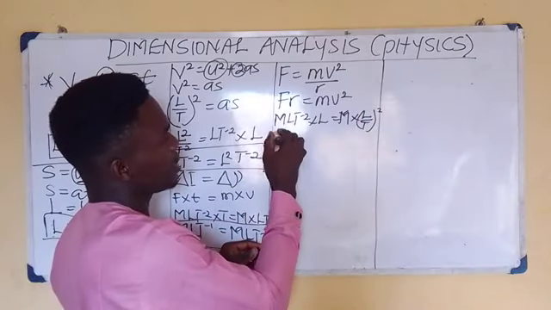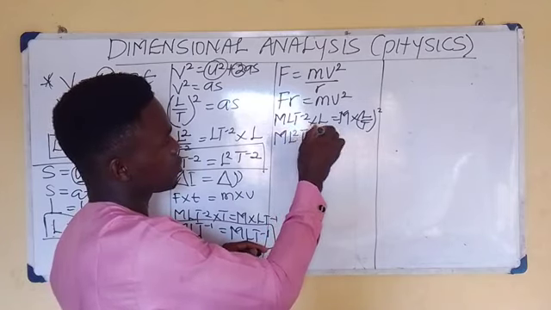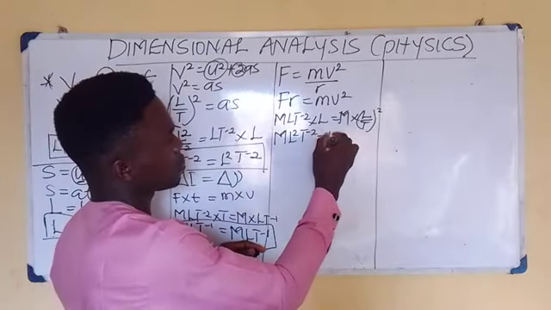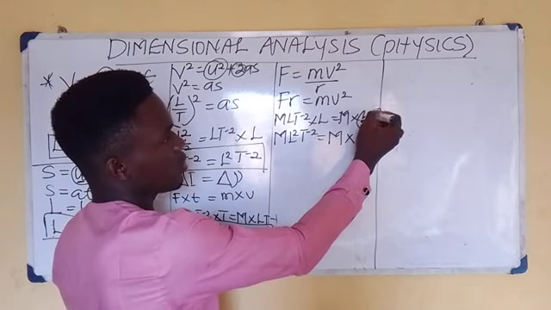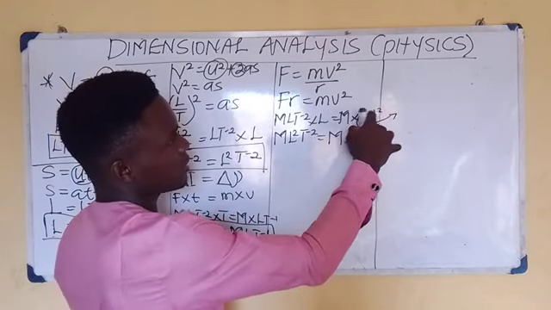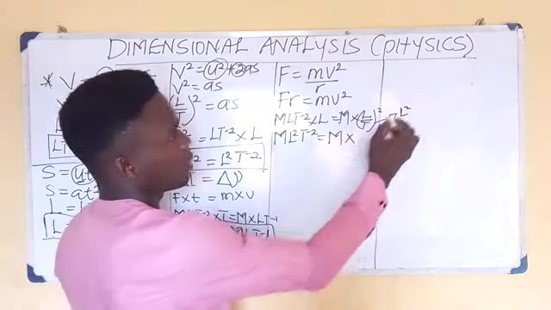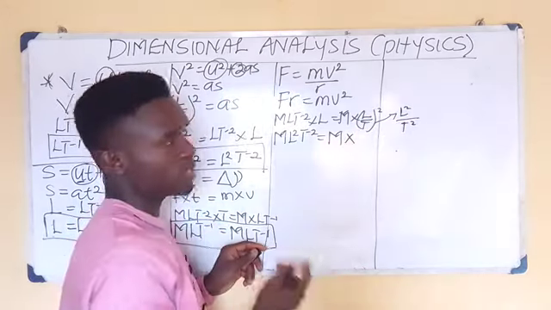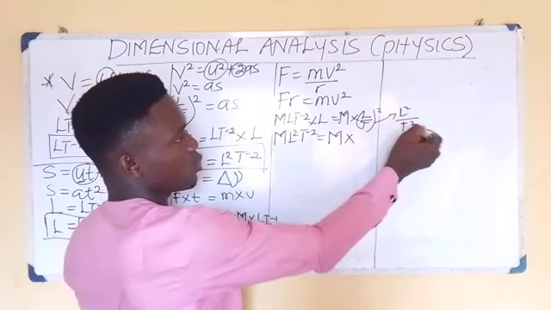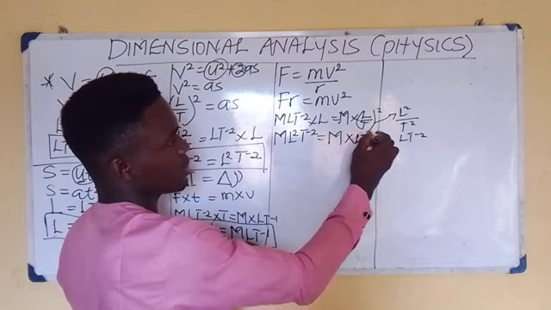So I'll be having M. L times L is L squared, then T minus 2. L squared over T squared, and you agree with me that if this goes up, it becomes T minus 2. So I'll put here LT minus 2.